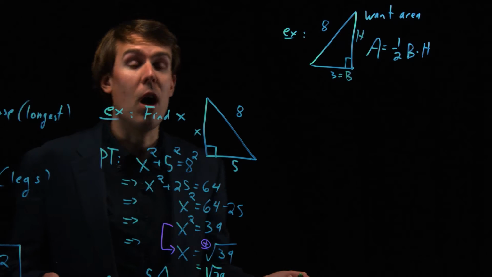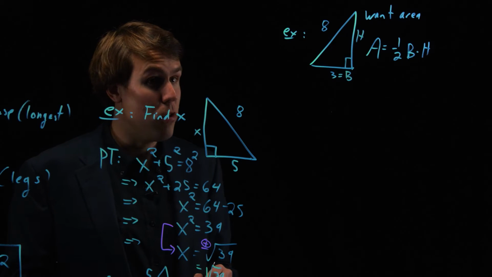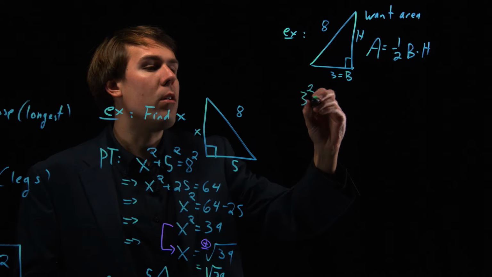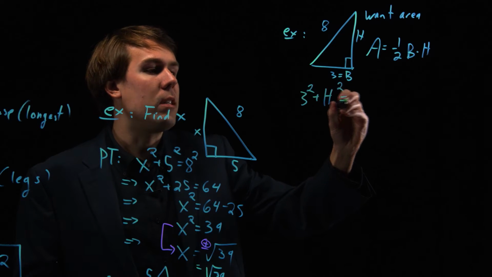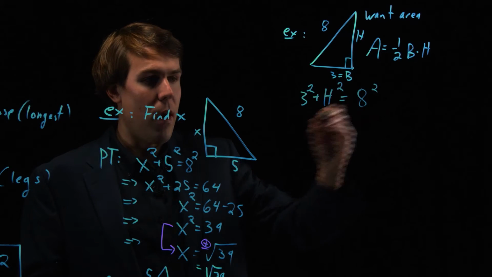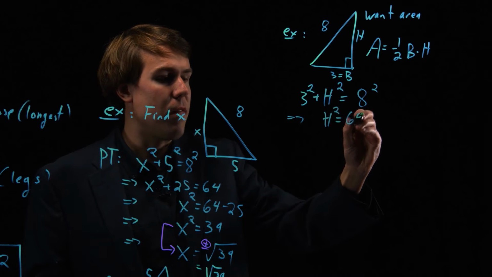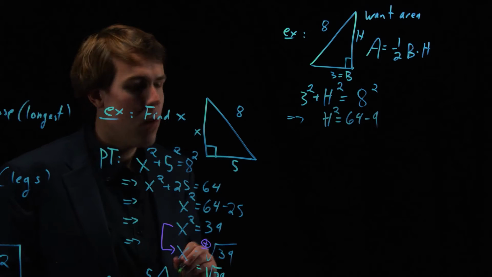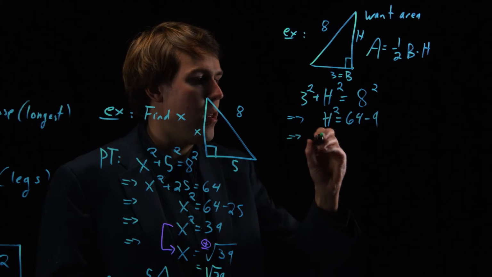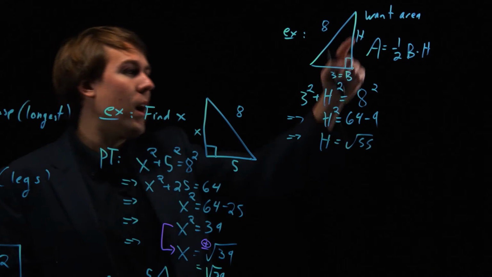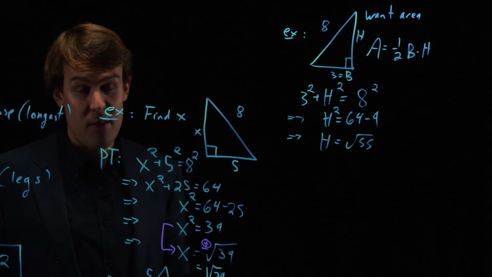So I need to be able to solve for the height, and thankfully I can do that using the Pythagorean theorem. I know that 3 squared plus h squared is equal to 8 squared. So this tells me h squared is 64 minus 9, which is 55. So that h is the square root of 55. So that was step 1, to find this missing side length using the Pythagorean theorem.